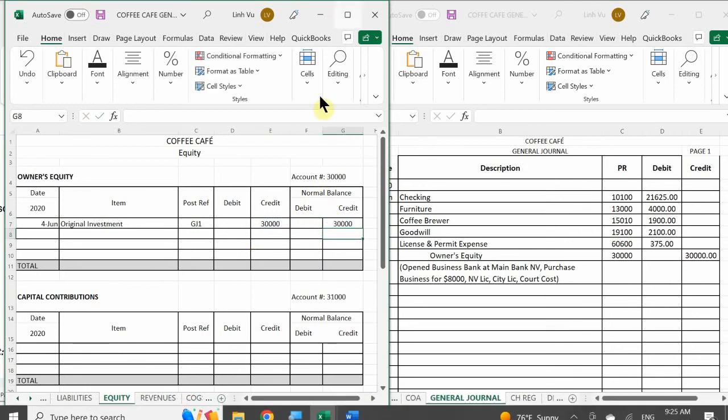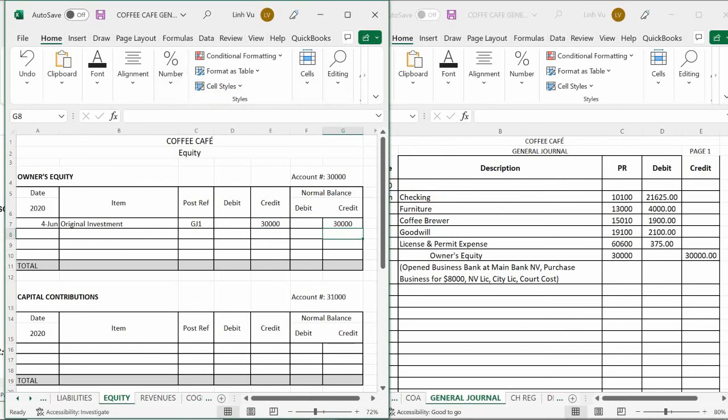That's why it's very important that you pay attention, because a lot of mistakes can happen when you're transferring information from one worksheet to another. So that's exactly what I did here. I transferred exactly the $30,000 properly into my credit account. And now I'm completely done with my journal because I'm completely done with my ledger as well.